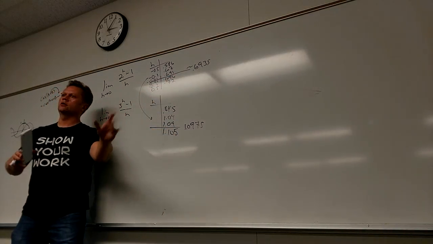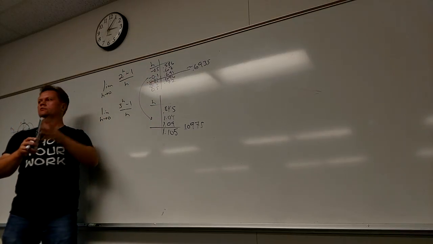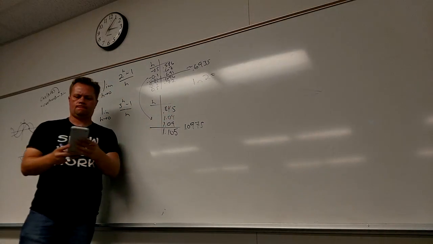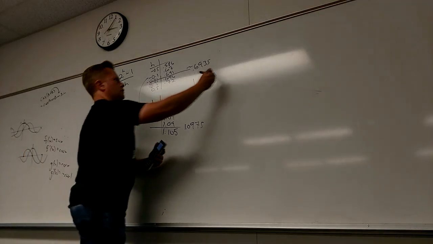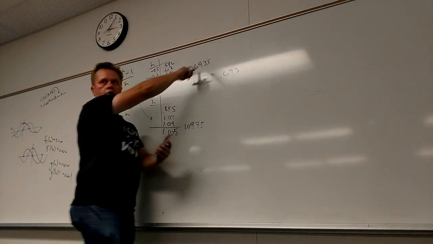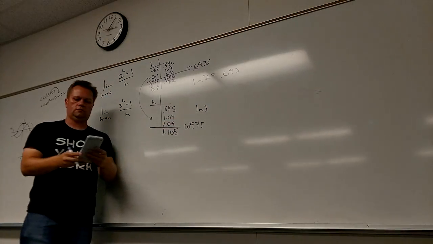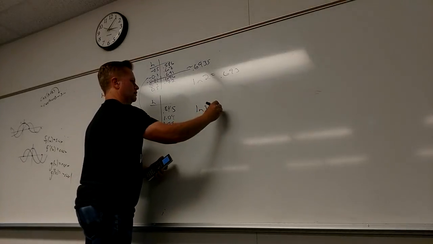Now watch. If you have a calculator, what's the natural log of 2? It's like 0.693. What's the natural log of 3? 1.099.